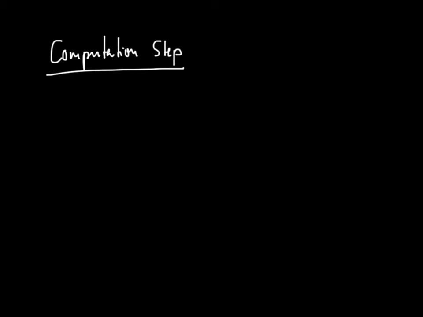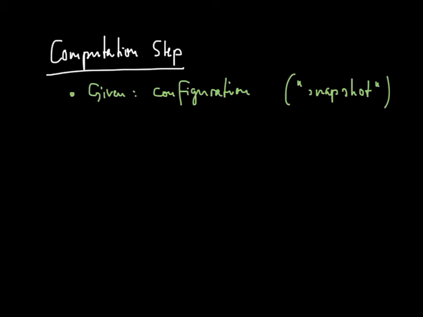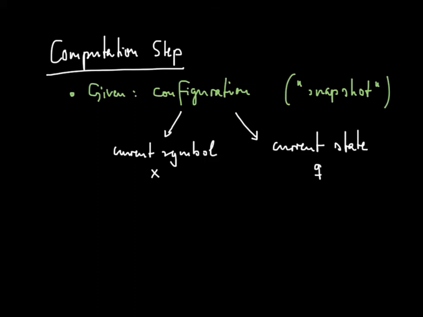How does a computation step of a Turing machine now look like? Suppose we have the current configuration given. So think of it as a snapshot of the current contents of the tape and the position of the read-write head and the state. So in particular, I know the current symbol that is read or pointed to by the read-write head and the current state of my program.